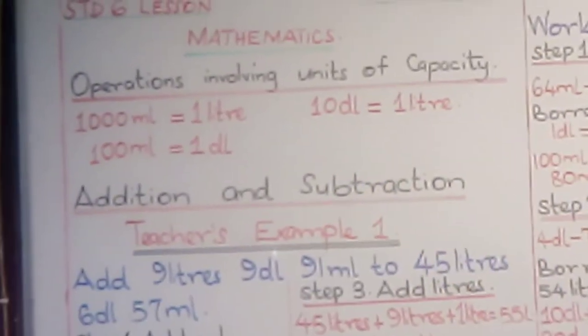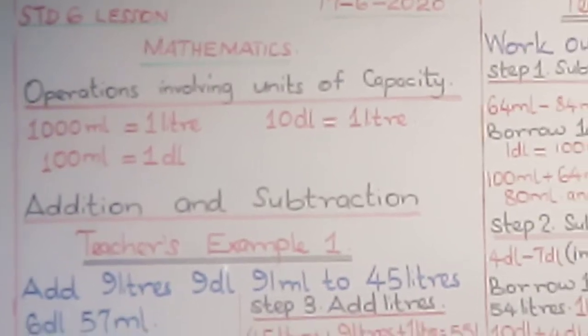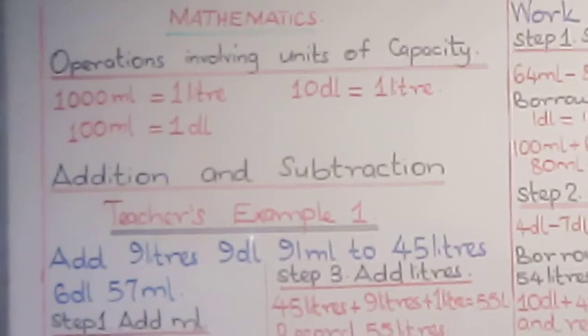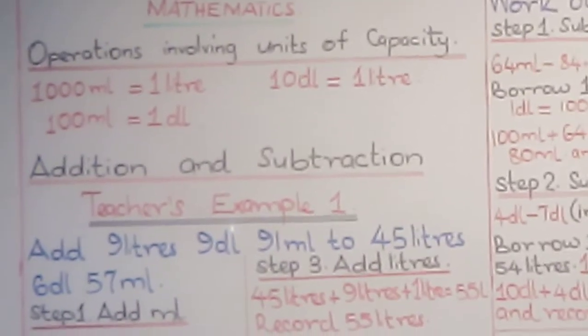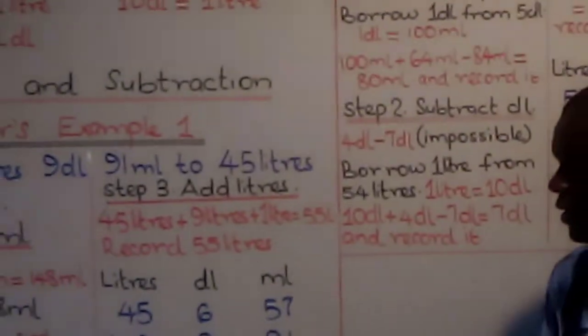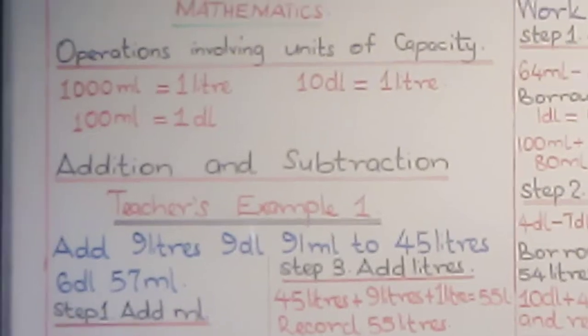These are the units of capacity that we use currently. I know we have decaliters, hectoliters, we have kiloliters, and we don't use them in primary at this level. We use these ones at this level. So we will be using these ones to convert where necessary.